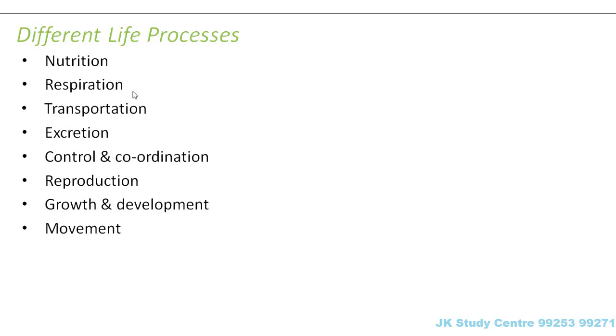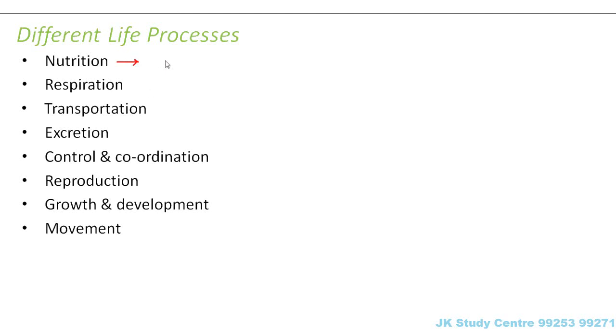How food is obtained by an organism, how the food is taken in, that means intake of food. Once the food is taken in, how is that food absorbed, how is that food utilized for energy? These are the things which we talk about in nutrition.